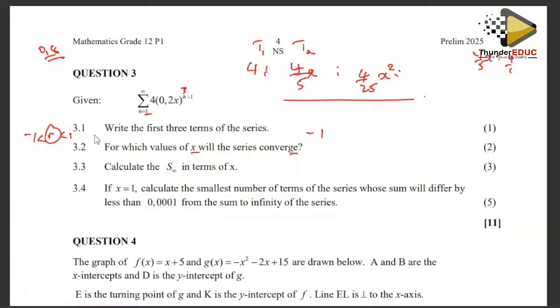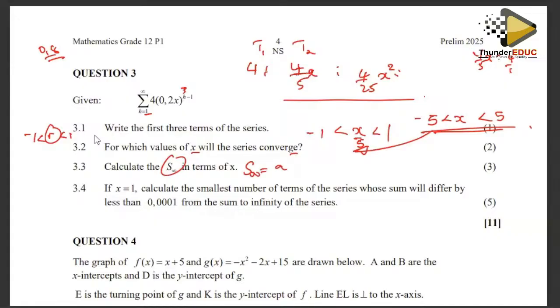So I'll say -1 is less than x over 5 is less than 1. Multiply through by 5. So x must be between -5 and +5. So that is 3.2.